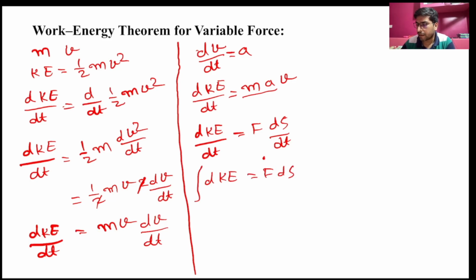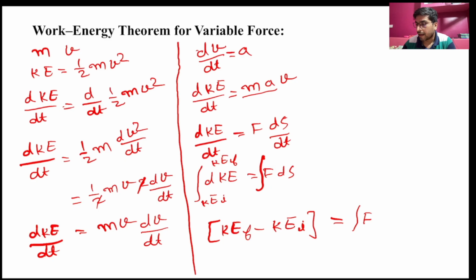Now if we integrate both sides, KE initial to KE final is equal to integral of f ds. f ds is what? Work done. So if we take the limit, KE final minus KE initial is equal to what?